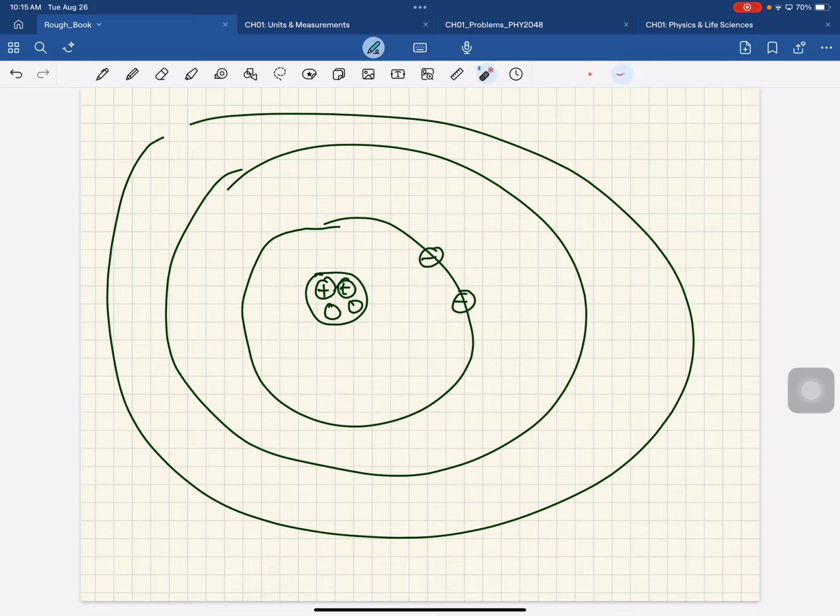It's an atom. It's a helium atom. It has 2 protons, 2 neutrons. Here are the 2 electrons. Helium is the top right corner. It's an inert element.